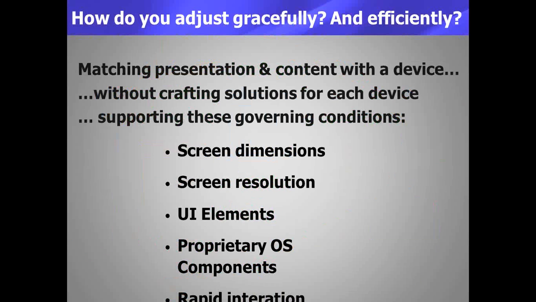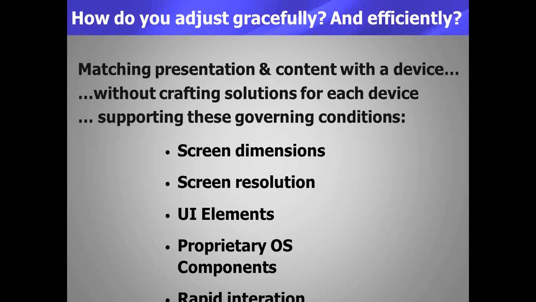And the main question to us then is, how do we adjust our content to do this well? It's certainly easy to push content onto different devices in a crummy way. But how do you do it with some professional grace? How do you do it efficiently? And there are a lot of issues that we have to deal with.